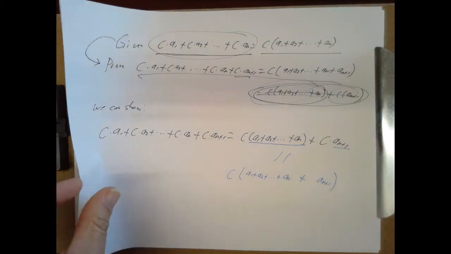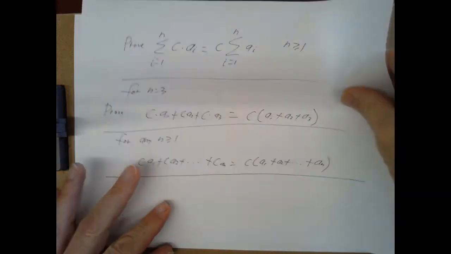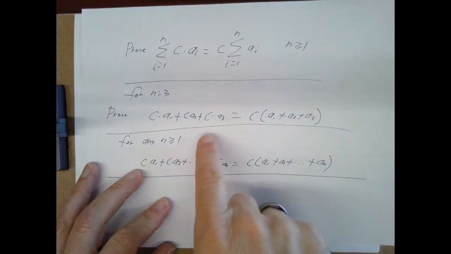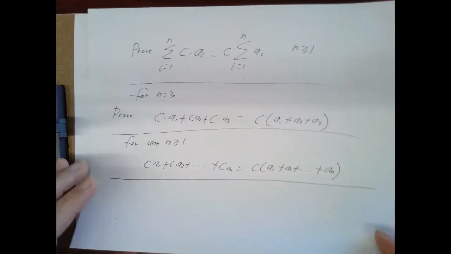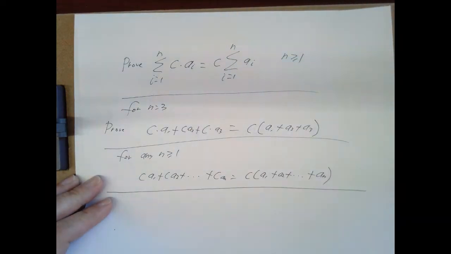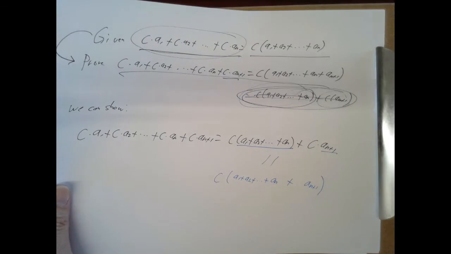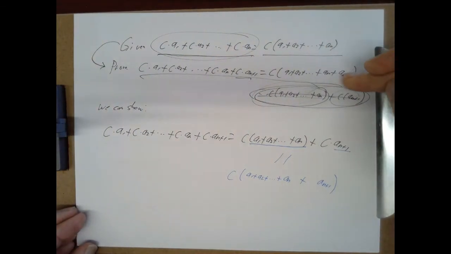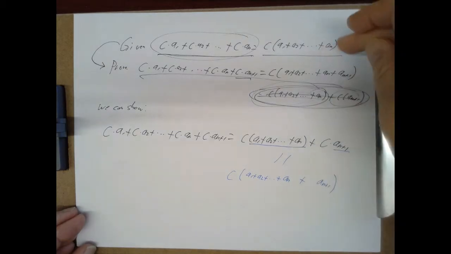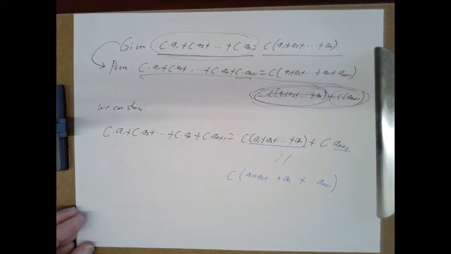What we did over here, we went from 2 to 3 here, but we're doing it in general, and then saying that since this implies that, we can actually conclude this is true for all n. So part A is the same idea, except you're doing a sum and breaking it up into 2 sums.